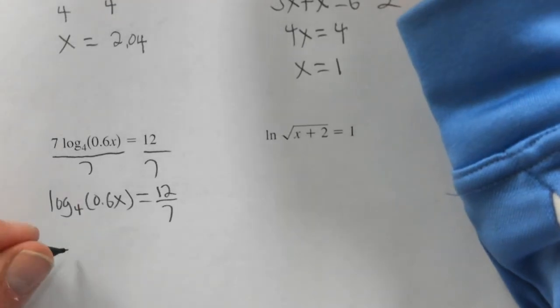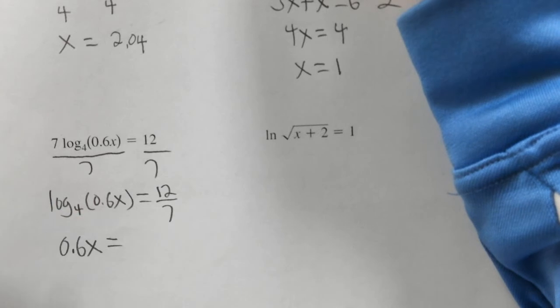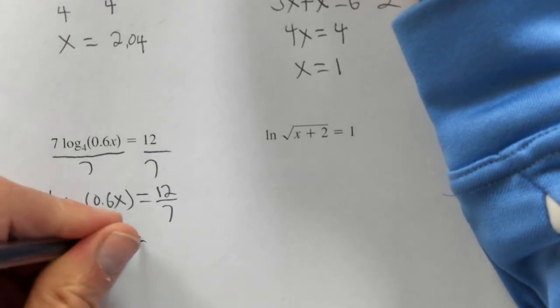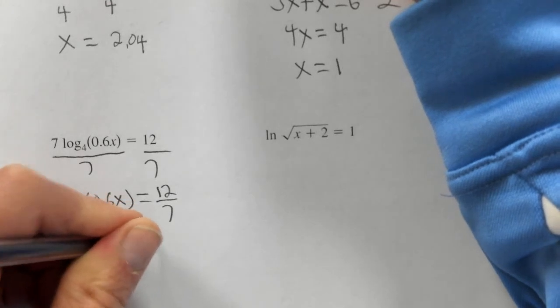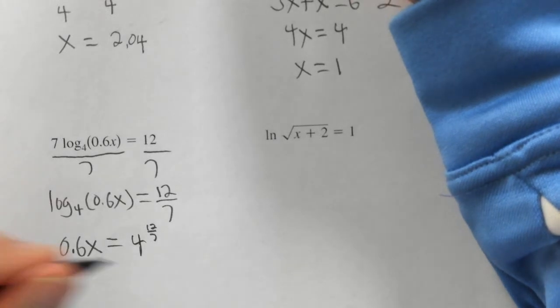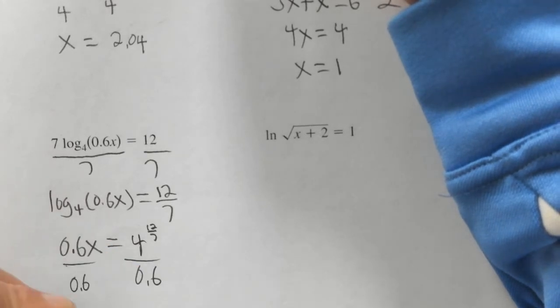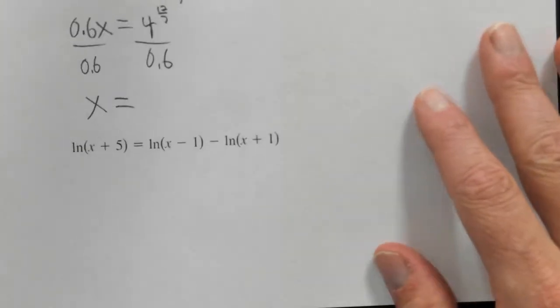And so I know that this number 0.6x is going to be equal to my base. What's my base? All right, so my base is 4. And we're going to raise that to what power? To the 12 over 7 power. So we have it raised up to a fractional power. Now I'm ready to divide it by 0.6. I'm left with x equals, and I have a calculator that can get this value for me.